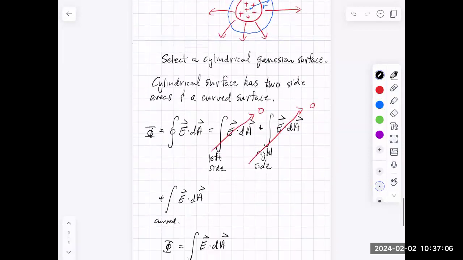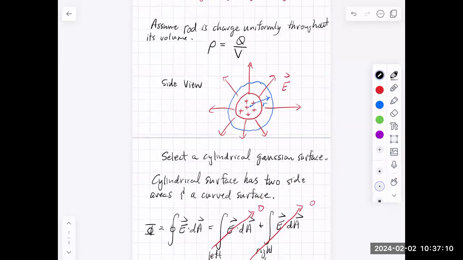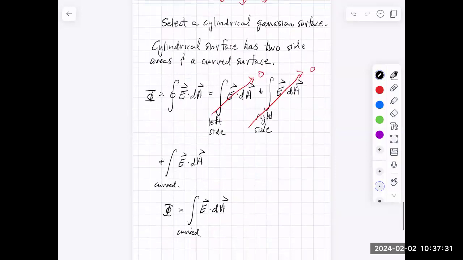So then if I look at that curved surface, the dot product E dot dA is going to be E dA cosine of 0. Cosine of 0 is 1. The dot product goes away. The other thing we'll look at in this picture is that blue surface is always the same distance away from our charge distribution. So E will be a constant.